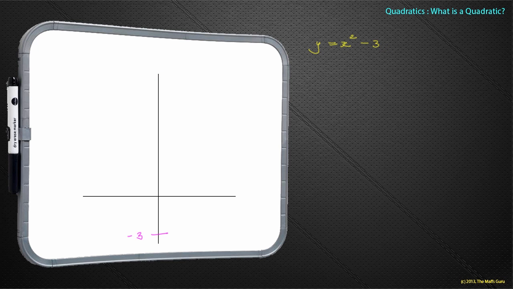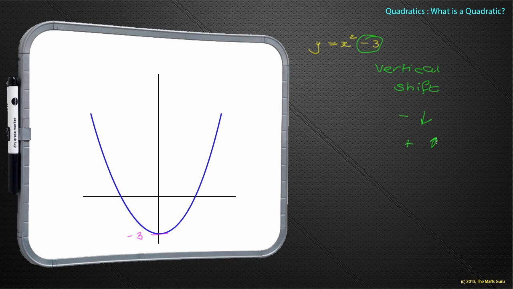When it was -3, it moved down 3 places. And actually that's pretty true of this idea. This value here at the end is actually a vertical shift, whereby if it's a minus value, it moves down, and if it's a positive value, it moves up.